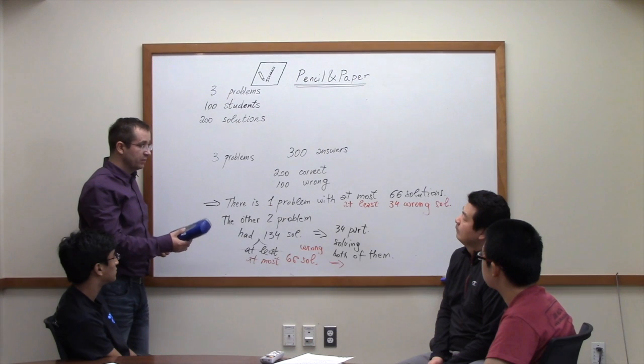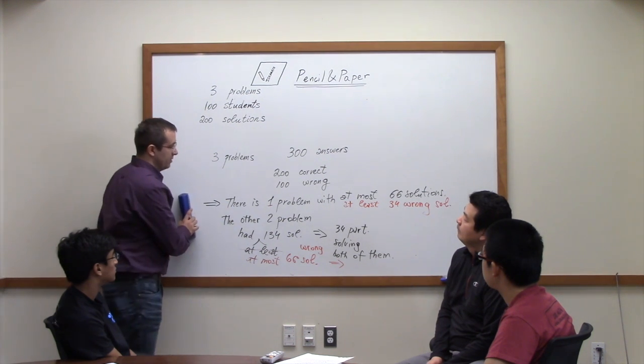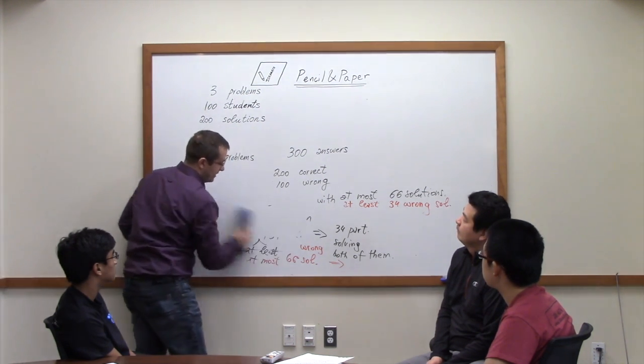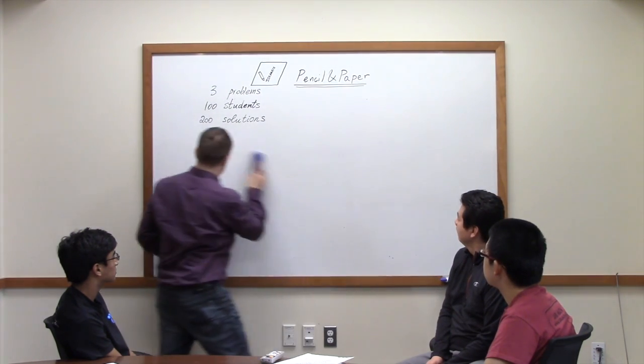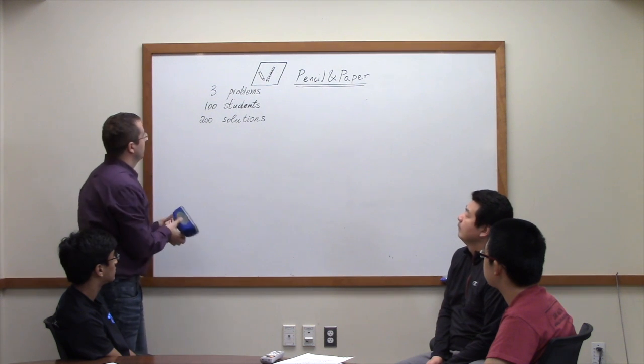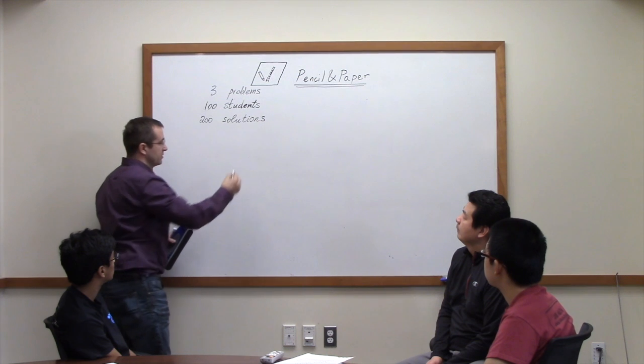For the second solution, we will draw a diagram. The best way to represent this problem is to draw a Venn diagram. In our case, the Venn diagram will have 3 problems represented as 3 circles.